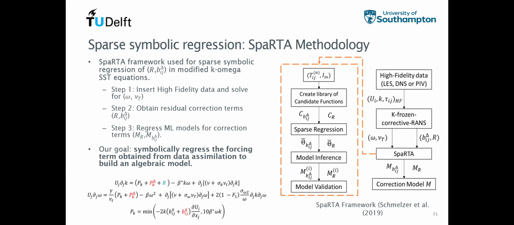But now we have proposed to regress the Reynolds force vector, or the forcing in the momentum equations, to try and get a simplified algebraic model for 2D airfoil stall. This is a work in progress, and if you're interested, we can speak about it, and more of it will be coming soon. You will find out about it.